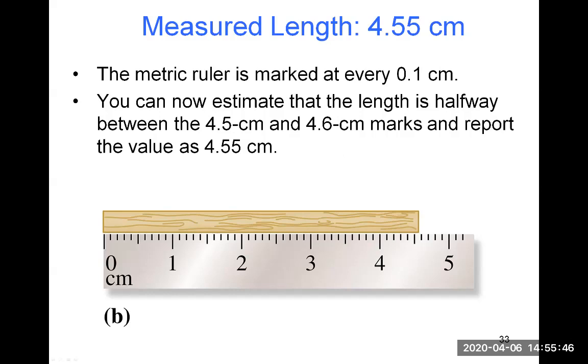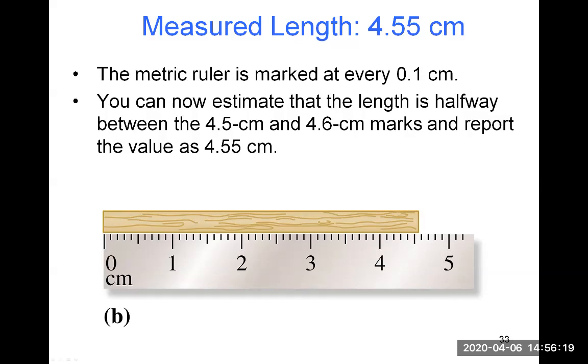And so, for example, right before the line for 1, that line before the 1 is 0.9 centimeters. So now if we look at our object, it falls between 4.5 and 4.6, right? The 4.5 is the slightly longer line, and then 4.6 is the shorter one after.